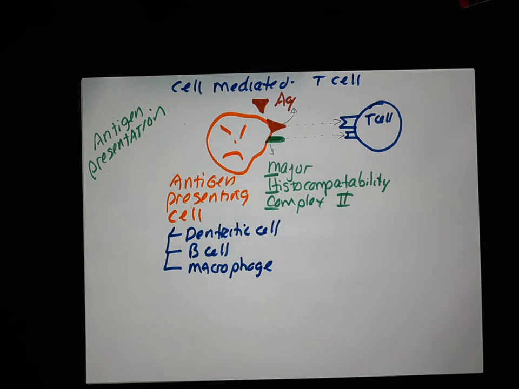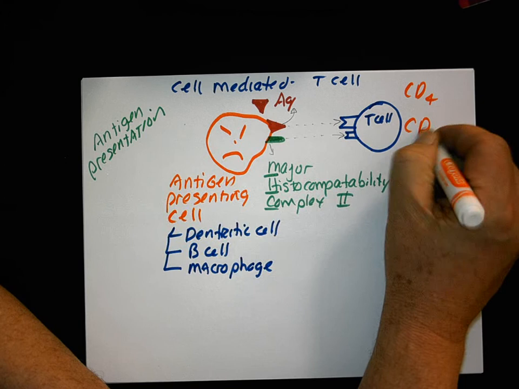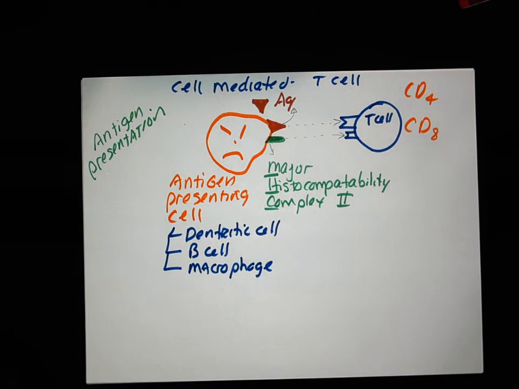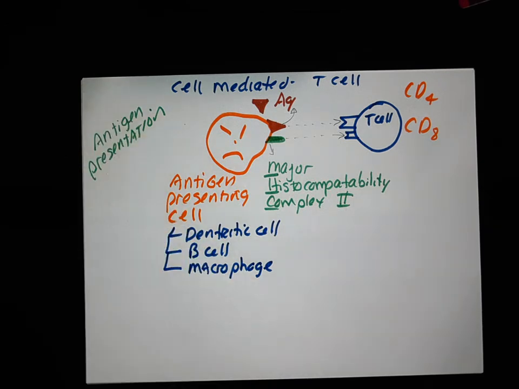Now there are actually two main classes of T cells. CD4 and CD8. CD stands for cell differentiation. CD4 is normally a helper cell. CD8 is normally your killer cell.